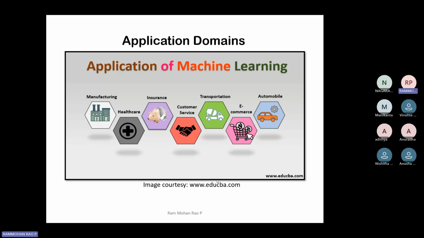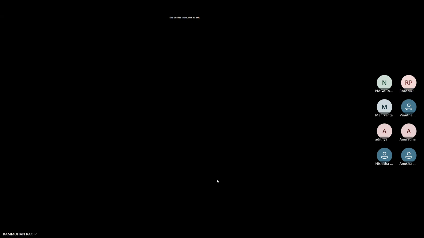It is possible using machine learning. In the healthcare industry, a lot of tumor prediction is done today using ML. And agriculture, which is missing in this slide, is one sector in which machine learning is widely applied. In fact, in our project we are going to work on the agriculture domain only, right?